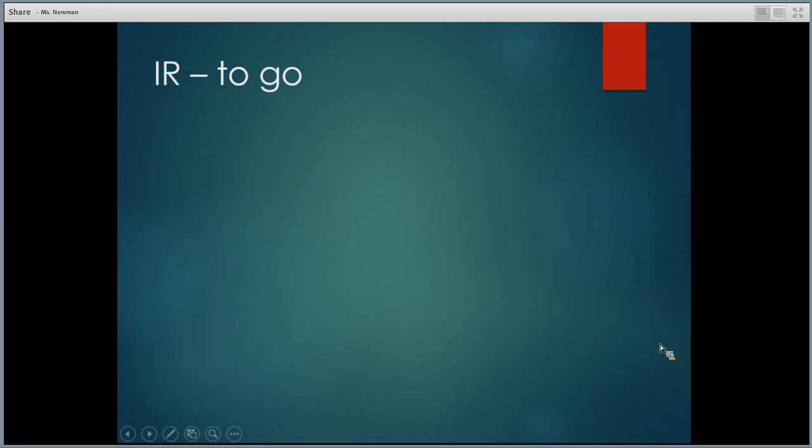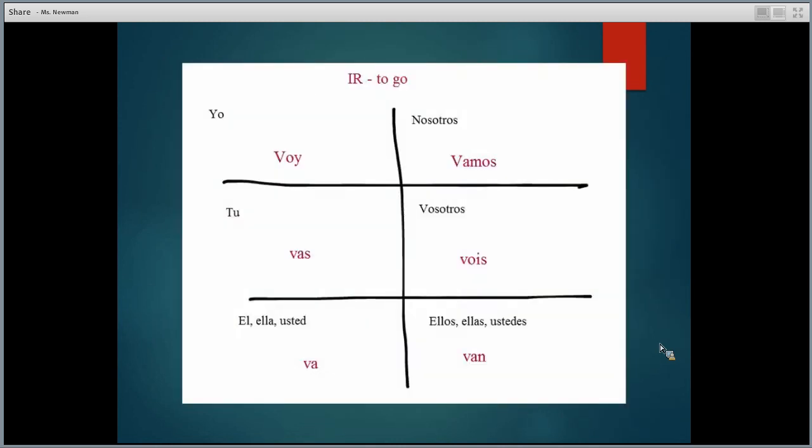Okay, I want to talk about the verb ir. This is also a verb you will use a lot in Spanish, so you definitely want to learn this one, understand it, and really you just need to memorize this one. This one is an irregular verb as well. So it means to go, and we have our subject pronouns here that you should be very familiar with by now, and our conjugations.